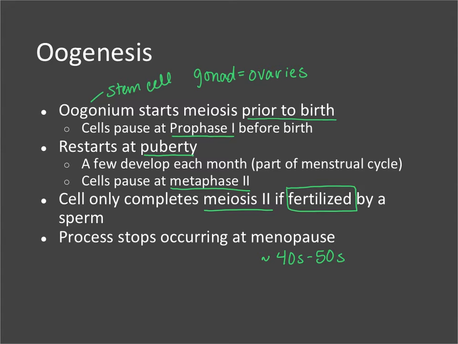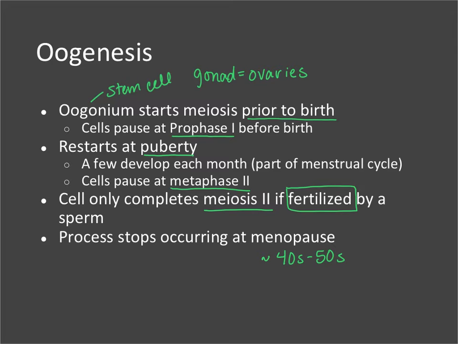Now, evolutionarily, the reason why it's believed that women go through menopause, but men don't go through a similar cessation of making these gametes, is because a lot more of the burden of reproduction falls on the female. Because remember that a female doesn't only have to make gametes, she has to be able to carry the pregnancy, give birth, and also feed the infant.